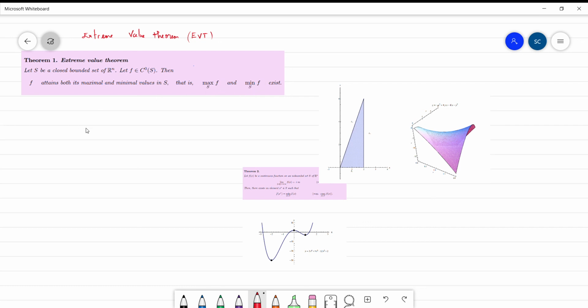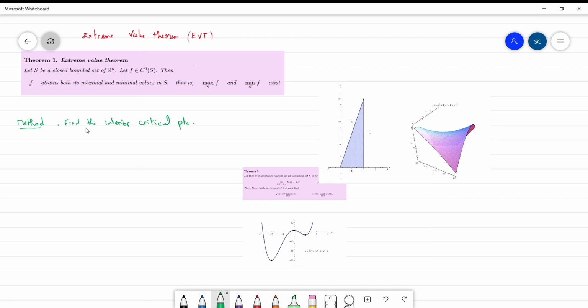So this suggests a method of search. Let's describe the method to find the maximum and minimum. First we find the interior critical points.